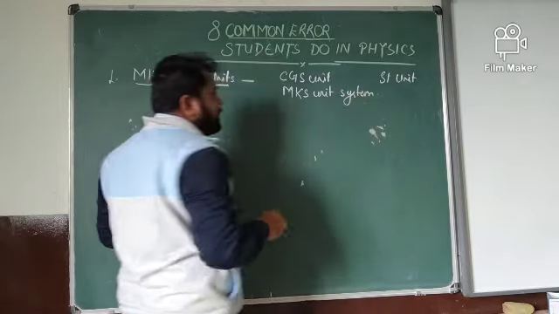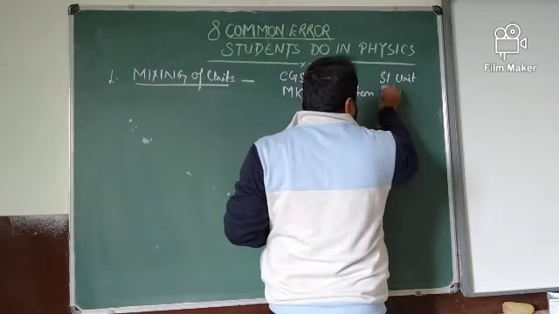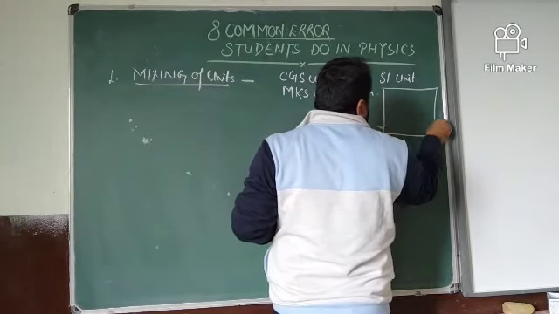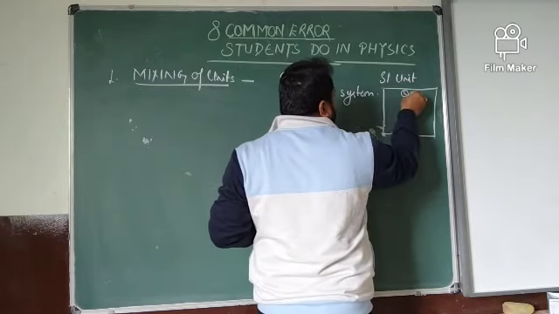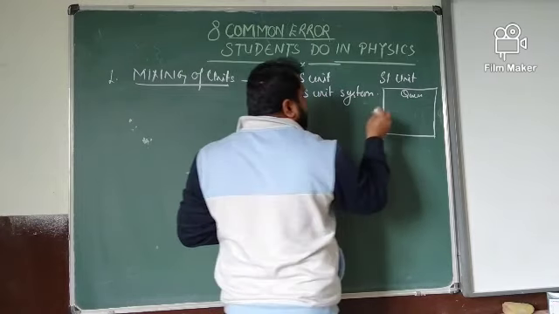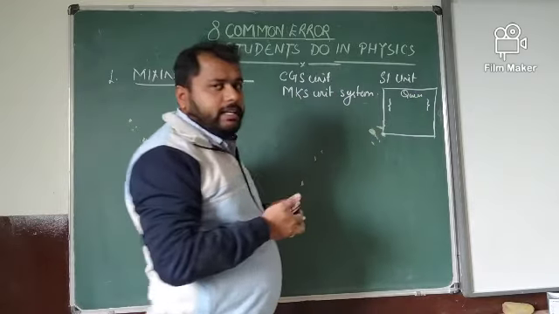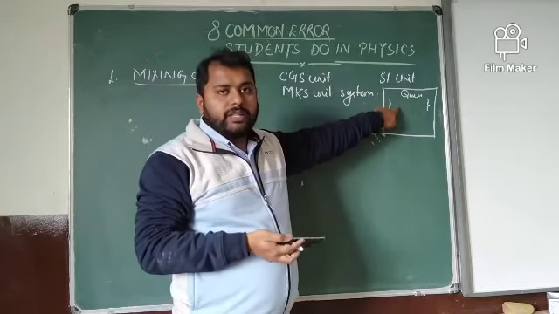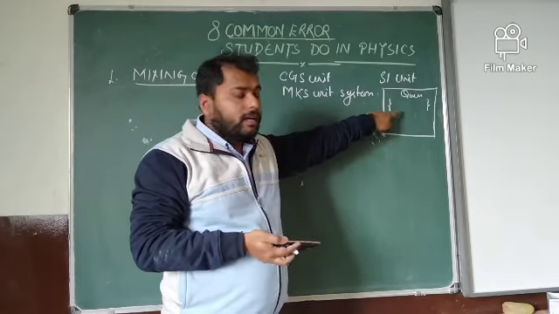Identify them and solve in MKS units. Suppose this is a page of your copy. When you start a question, just write down the question number, and in 2-3 lines do this: whatever input you are provided, just write it down.